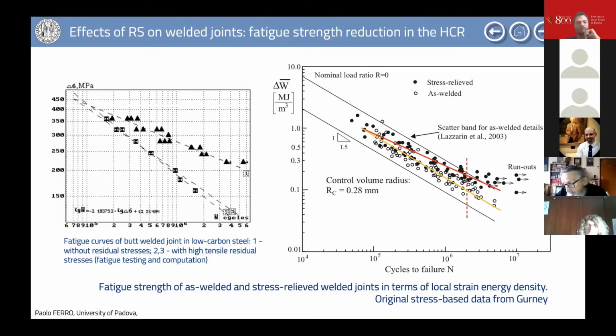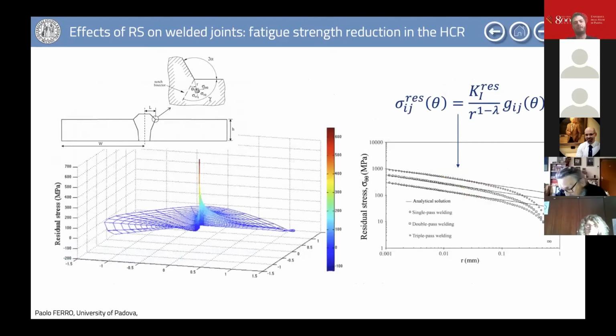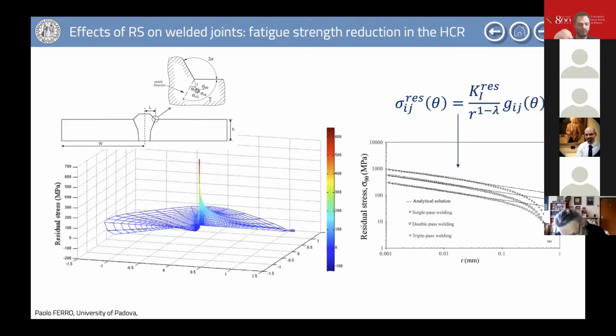And how can we explain this phenomenon? We try to investigate the residual stress field very close to the weld toe, and when we simplify the weld toe as a sharp notch, as you can see in these pictures, it is interesting to observe that the residual stress is characterized by an asymptotic distribution, like in welded joints when we apply an external load, as already observed in the literature by Professor Lazzarin, Professor Berto, and firstly by Williams.